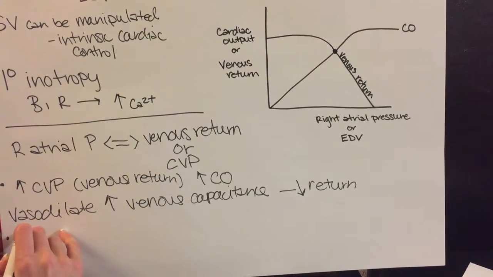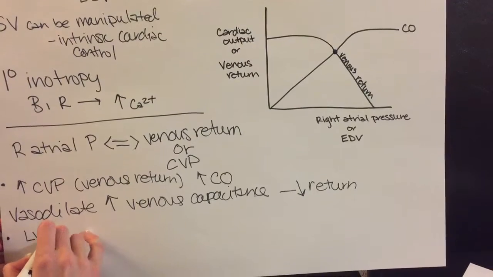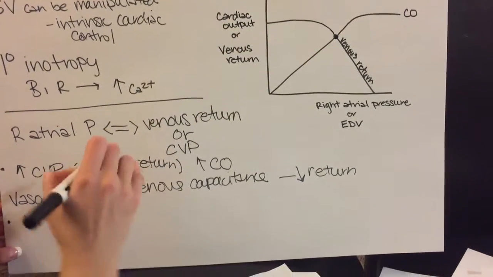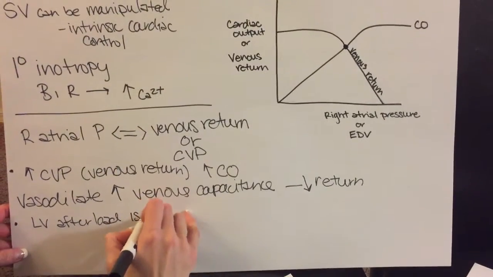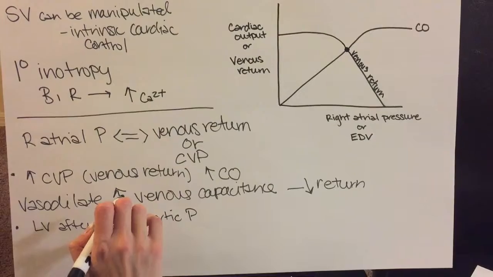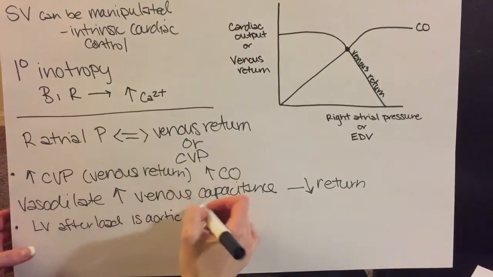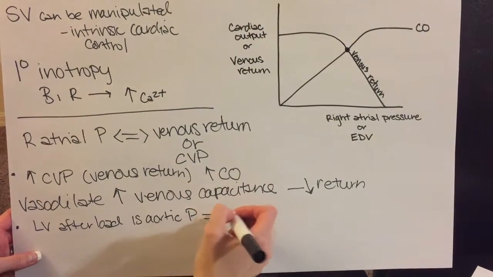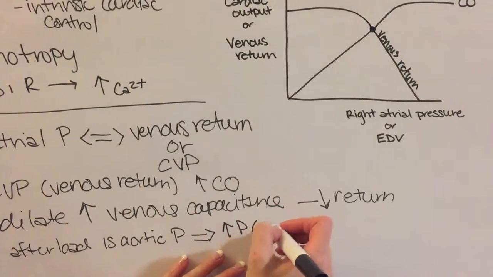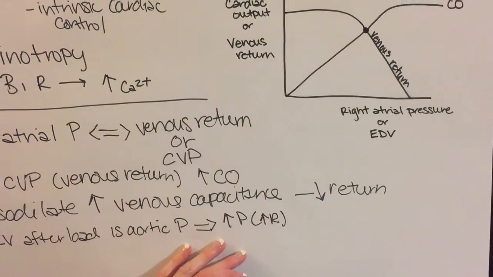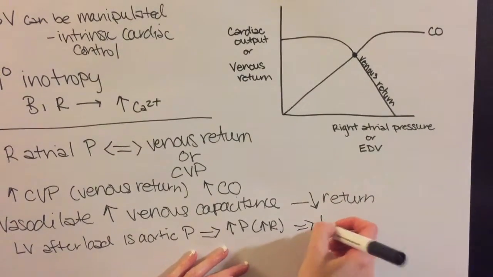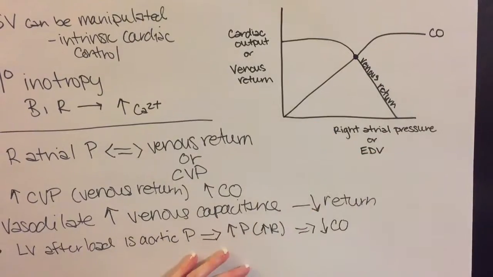We remember that left ventricular afterload is aortic pressure, and if you increase your pressure or your resistance, you're going to decrease your cardiac output.